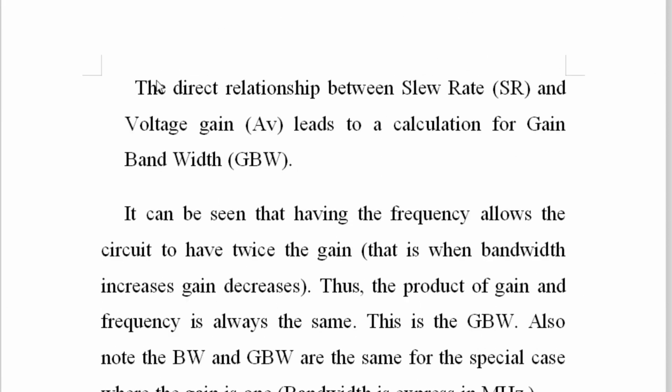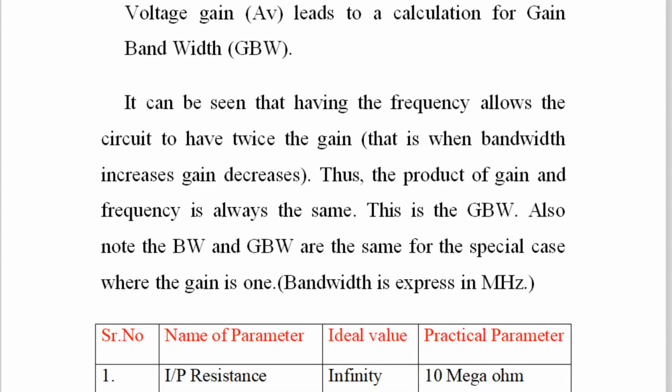So here the direct relationship between frequency and voltage gain AV leads to the calculation of the gain bandwidth product, GBW. It can be seen that halving the frequency allows the circuit to have twice the gain.